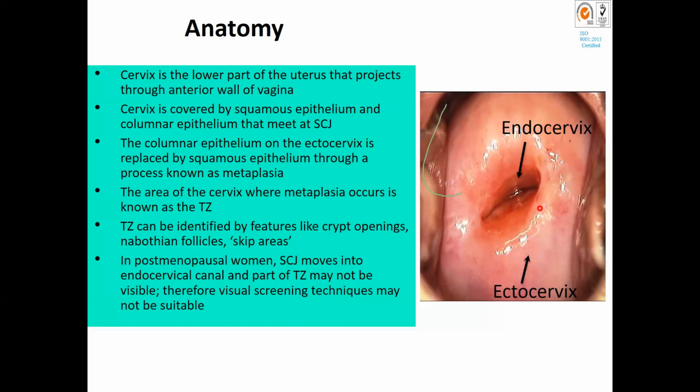The squamocolumnar junction is derived from the words squamous cell and columnar epithelium. That is where they meet, and usually they change depending on the age of a patient, depending on the type of family planning a patient is using, whether the patient is pregnant or whatever the circumstances. Especially, it is all dependent on estrogen levels.